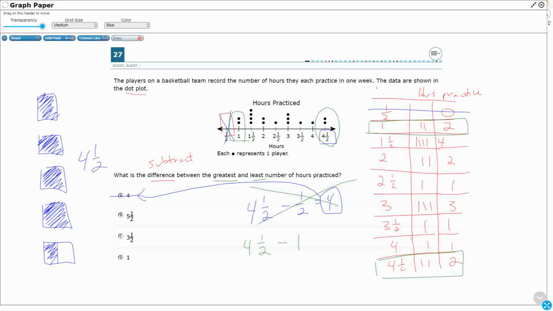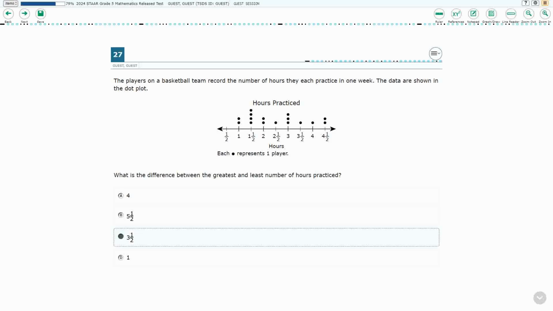If I want to take away 1, all I do is eliminate one of those, and what am I left with? Well, I've got 3 wholes. So you can line it up like this. You can put the whole numbers under the whole numbers, the fractions under the fractions, and so you're going to end up with 3.5 left over. So we're going to avoid the trick answer of A right there. We're going to say our answer here is C, 3.5 hours.